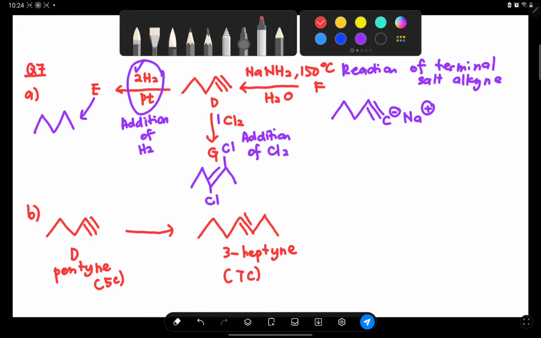Okay, what is the reaction involved when we want to go from 5 carbons to 7 carbons, or make the chain become longer? Here is the reaction that you can choose: the reaction of terminal alkyne salt.